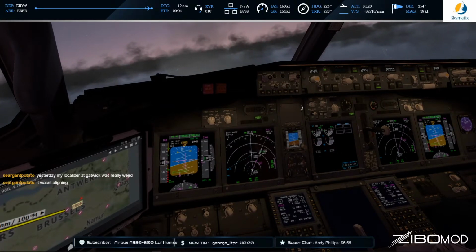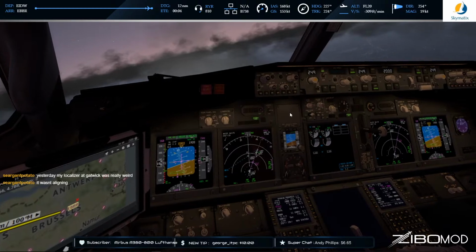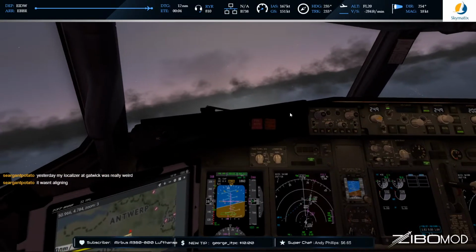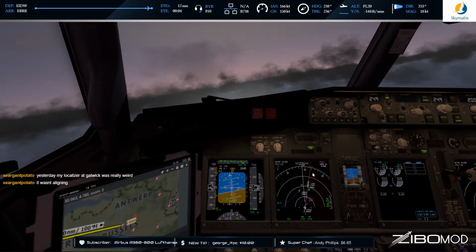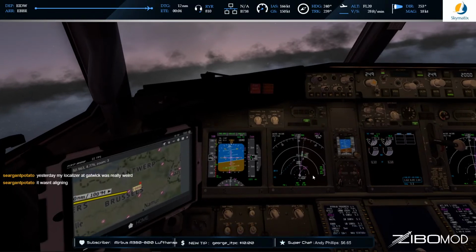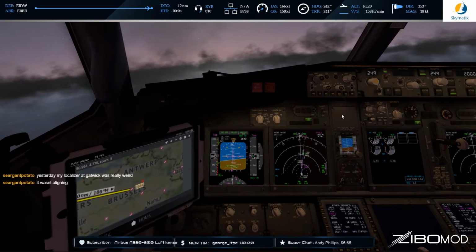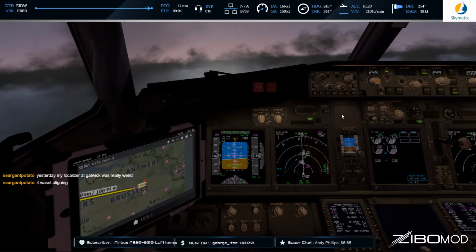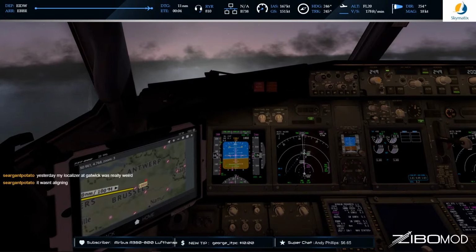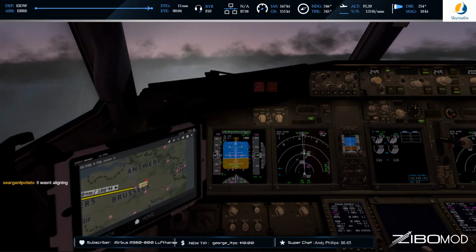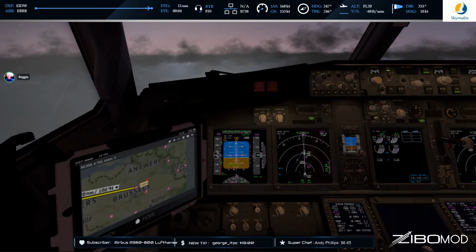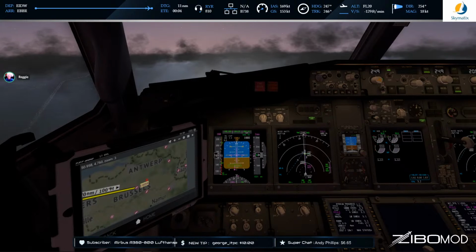Localizer capture. I did a short flight this morning without any problems. Gatwick to Paris.